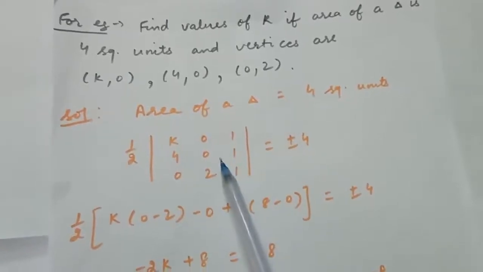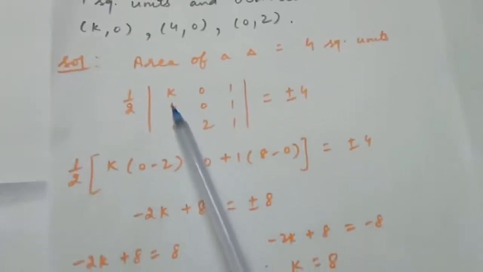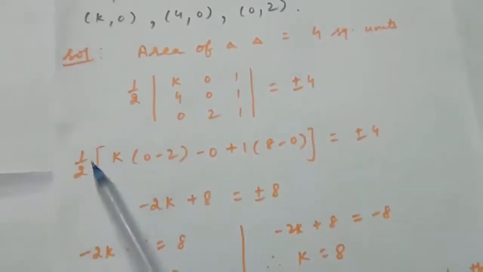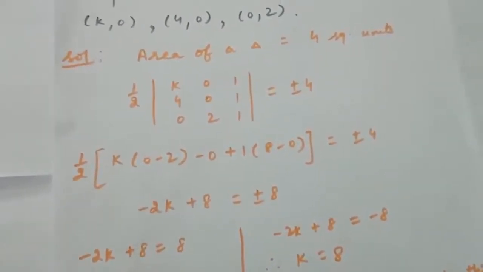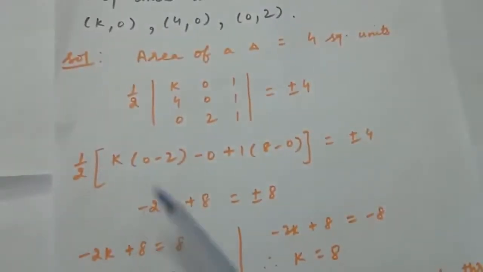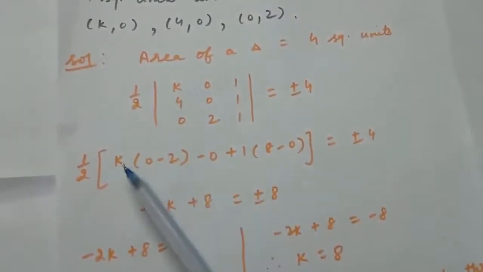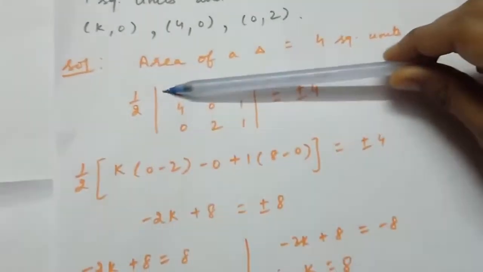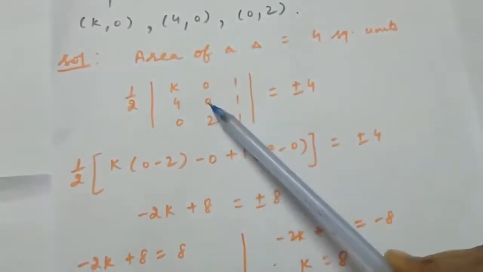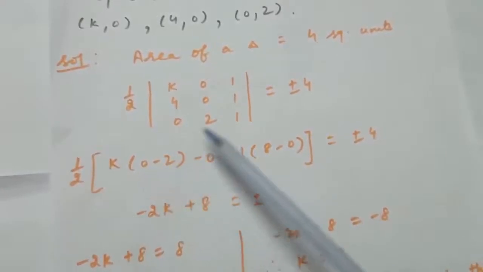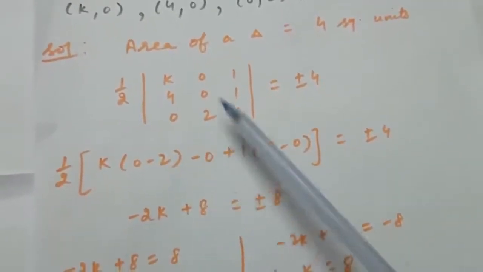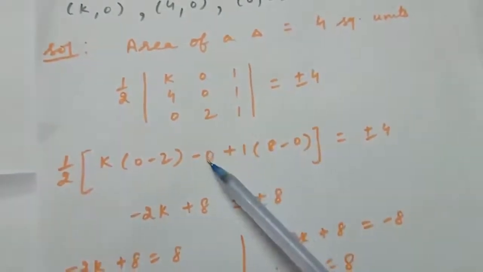Now solve this by expanding the determinant along the first row. So this will come half into the first element of the first row, that is k. Now delete this first column and first row. So you will get 0 into 1 minus 2 into 1, then minus the second element 0.